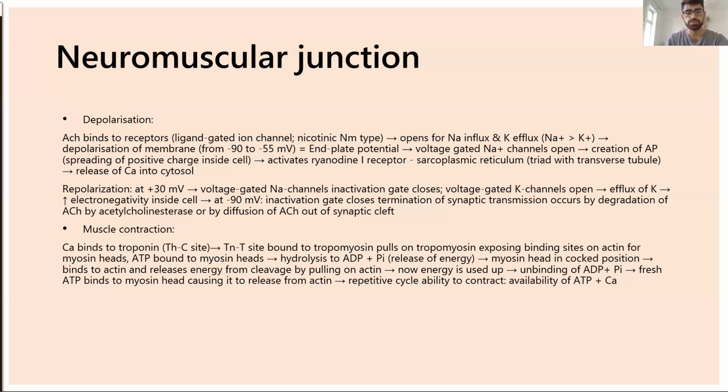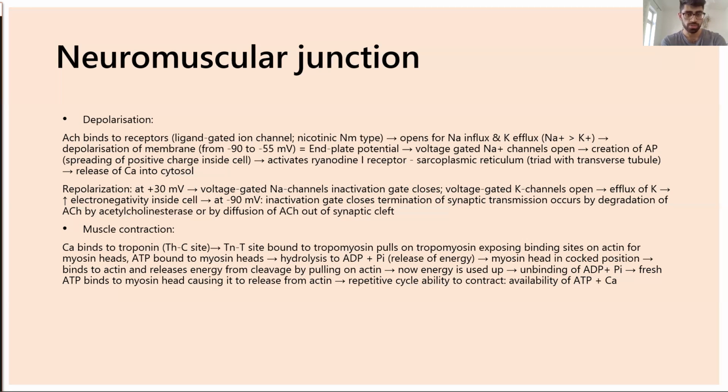So for depolarization at the NMJ, the neuromuscular junction, our ligand is acetylcholine. Acetylcholine binds to its nicotinic NM-type ligand-gated ion channel, as we talked about before. ACh binds to the ion channel, and this opens the channel. This is what we need because this is our ligand-gated channel.